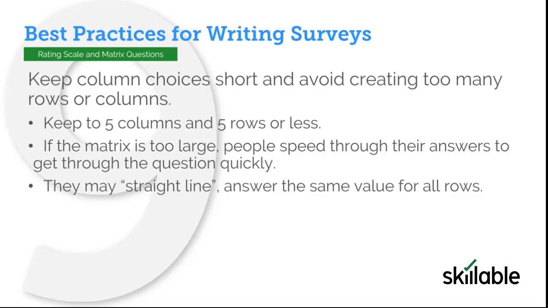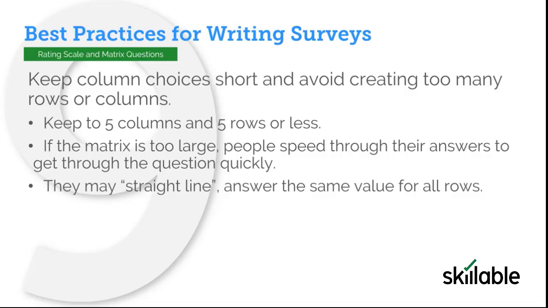Don't put a whole paragraph of information above the column that they have to digest every time they're trying to answer a question. Keeping your rows, comments or statements short helps as well. And avoid creating too many rows or columns. Keeping that to 5 columns or 5 or fewer rows is a good measure.